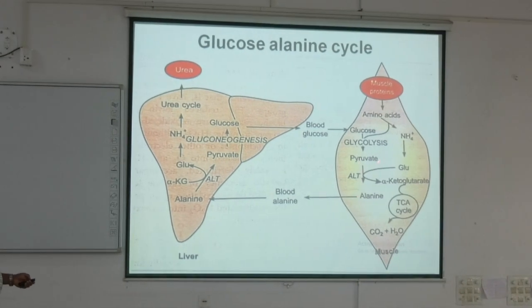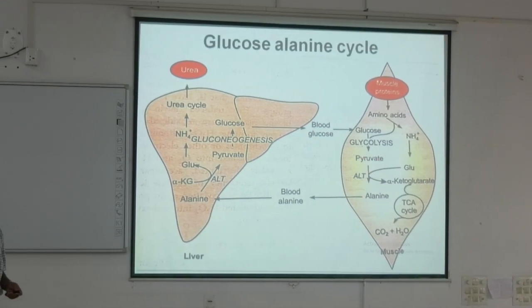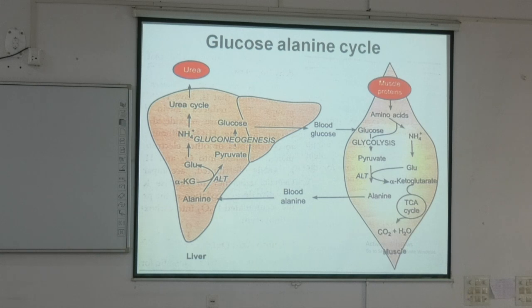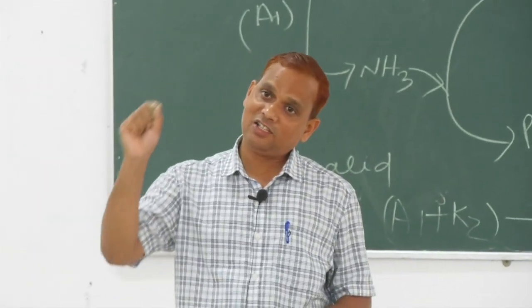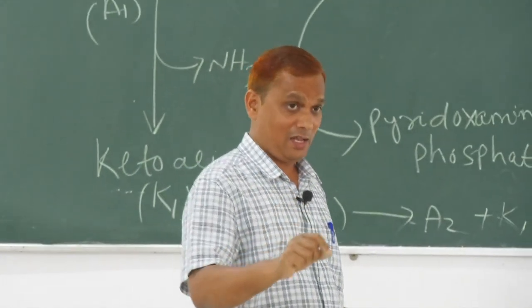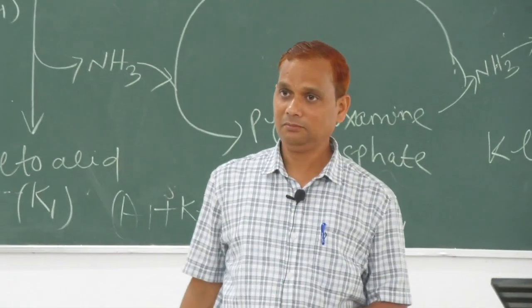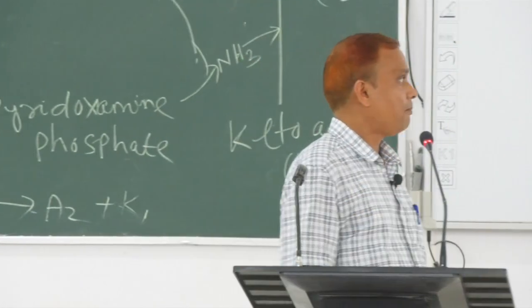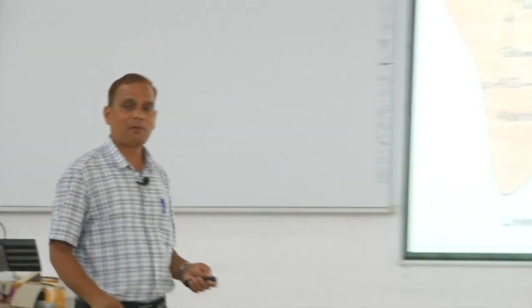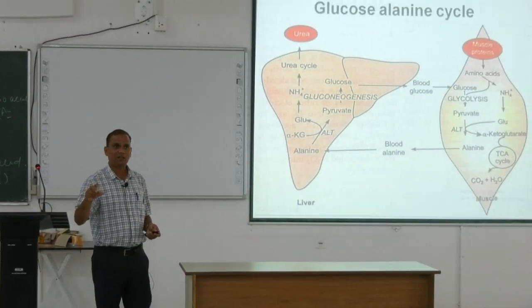Alanine can be synthesized because pyruvate is there. Pyruvate is the end product of glycolysis, in the presence or absence of oxygen. In the glycolytic pathway, pyruvate is the last product.